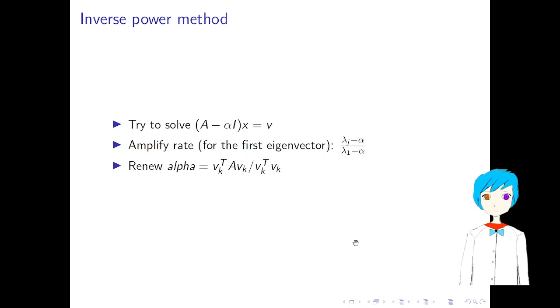From this formula, we can see that if alpha is sufficiently close to lambda_1, then we can greatly amplify the first eigenvector. So we renew alpha by the Rayleigh quotient, v_k transpose A v_k over v_k transpose v_k. We also use the Rayleigh quotient to measure how close we are to the first eigenvalue. So this is the inverse power method, and thanks for listening.